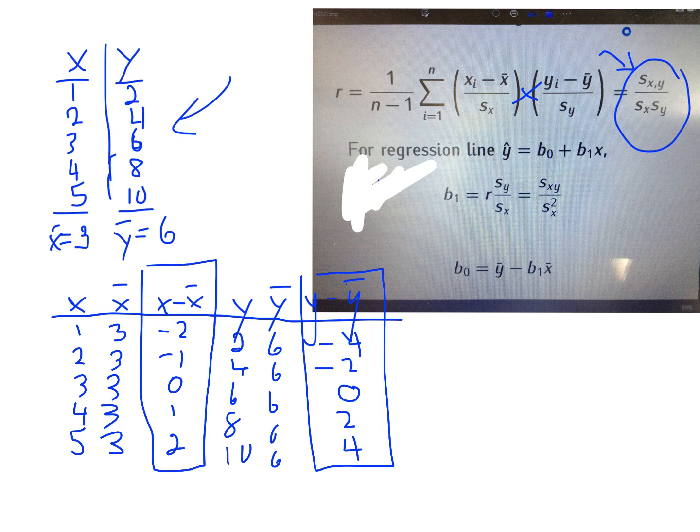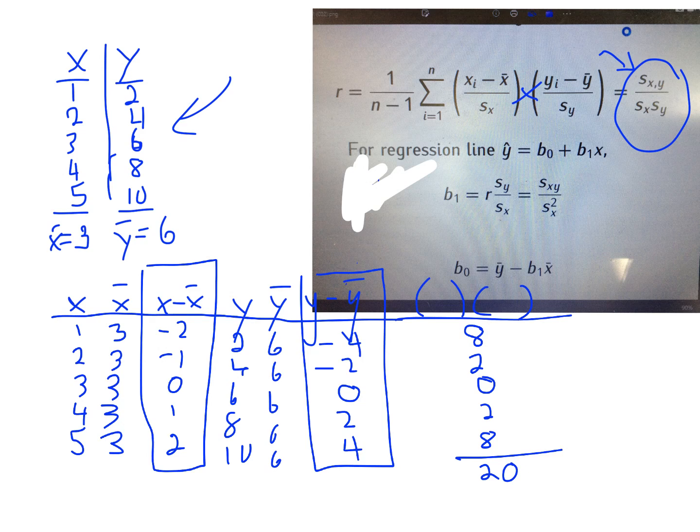So what I'm going to do first of all is multiply them together. I'll just put 2 brackets to indicate I'm multiplying here. I'm going to get 8, 2, 0, 2, 8, and the sum of those is 20. And so that's my covariance for X and Y.